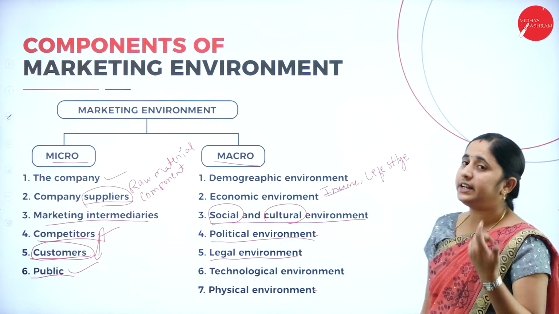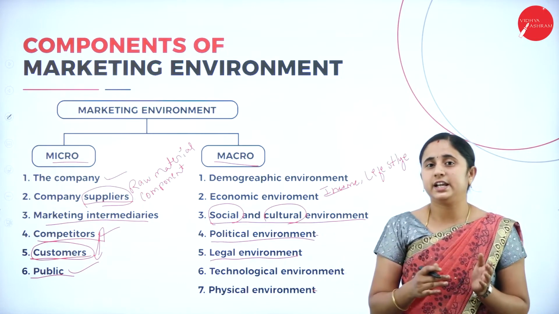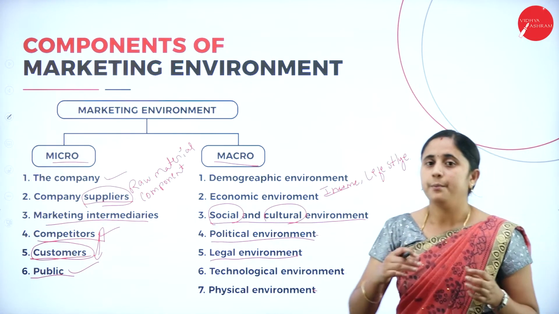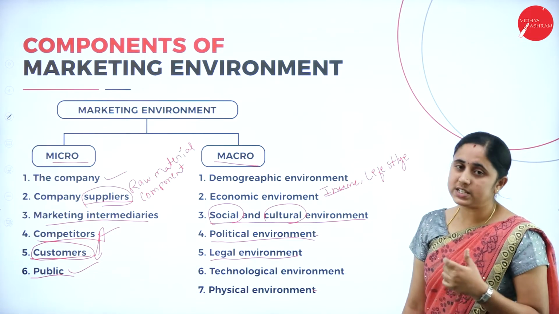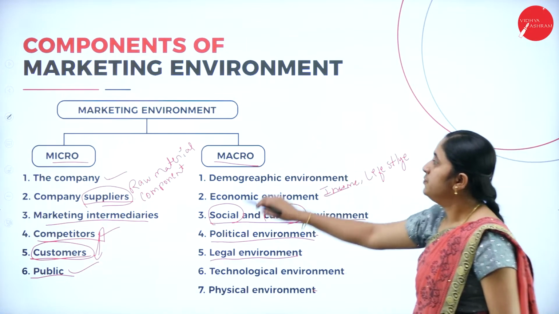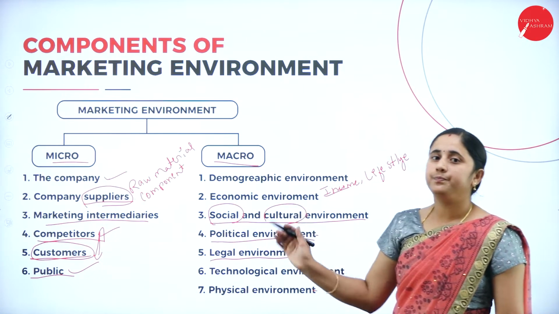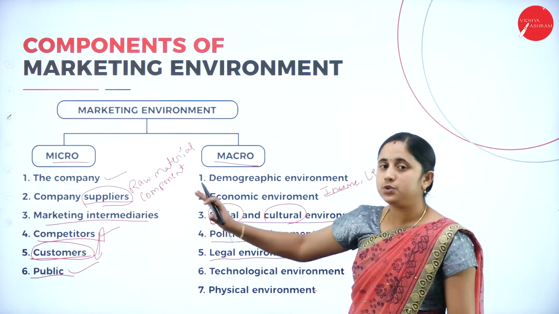Next, physical environment. The physical environment affects your business. It cannot be controlled by the business. So you need to concentrate on the changes in the physical environment. These are all the factors of the marketing environment that affect your business activity. Some of the factors you can control.